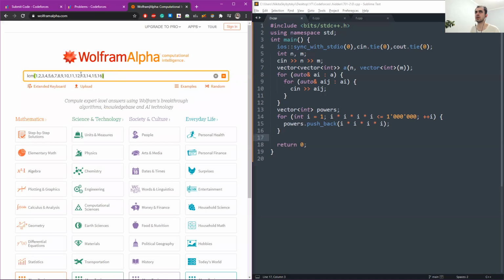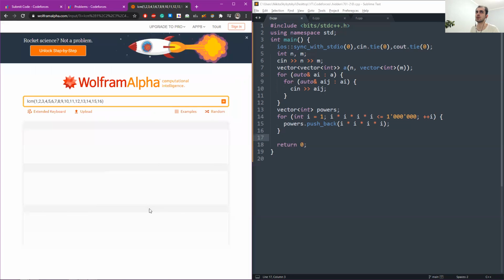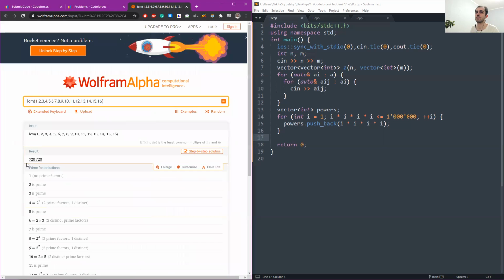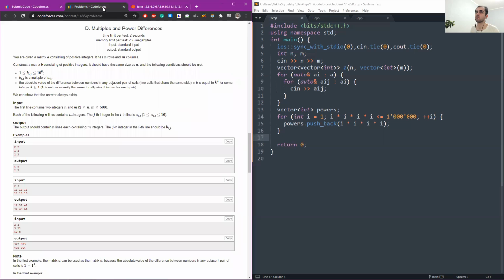Then we can't just make them all equal to LCM because we want positive things, right? Can't be a coincidence.